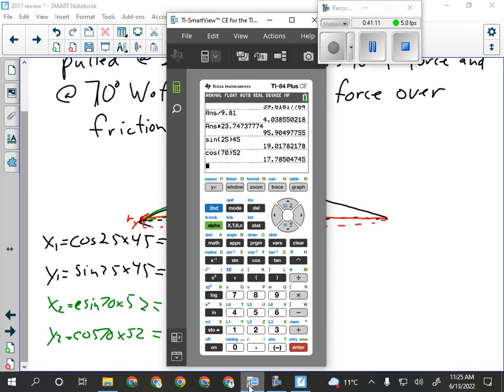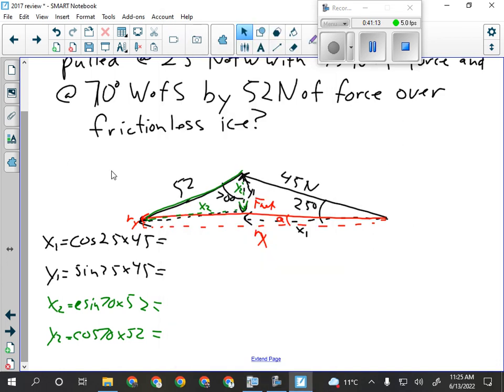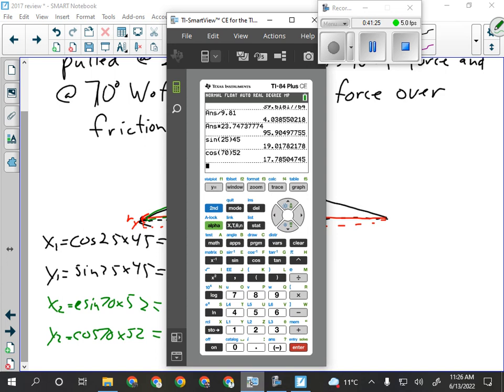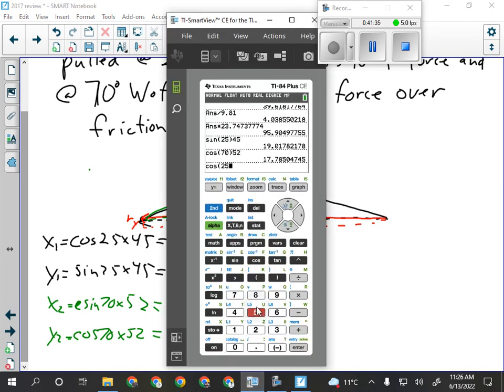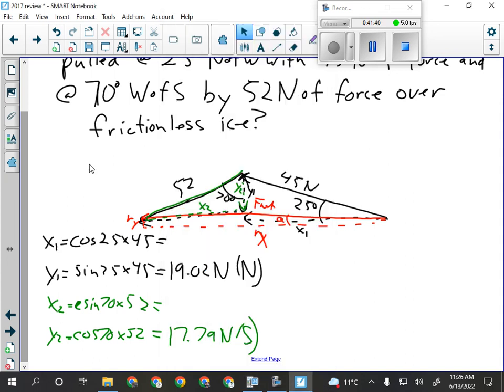So y1 comes out to 19.02 newtons north, and y2 comes out to 17.79 newtons south. Then we're going to calculate the other two, so cos of 25 times 45 to get x1 is 40.78 newtons west.